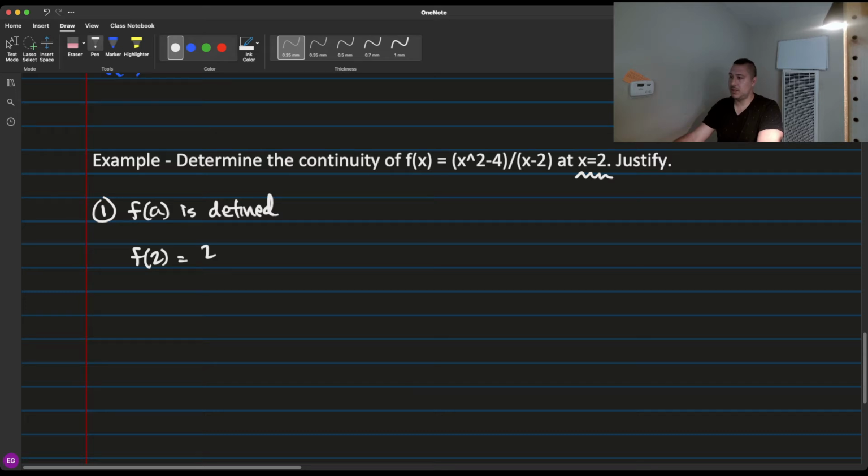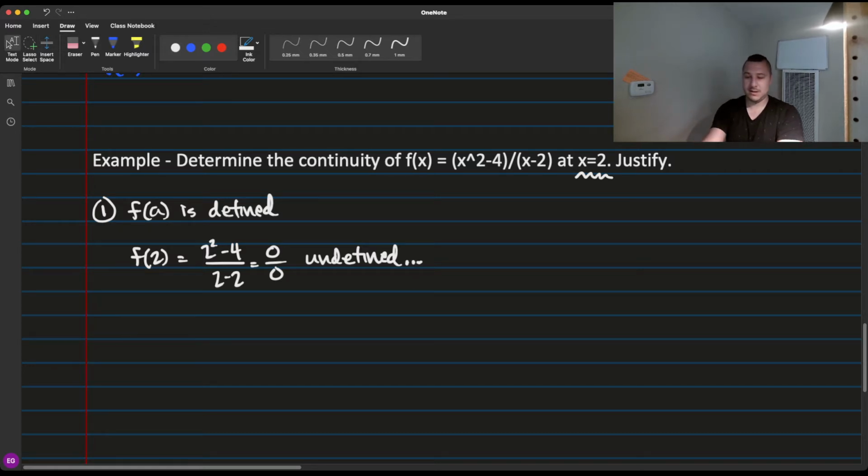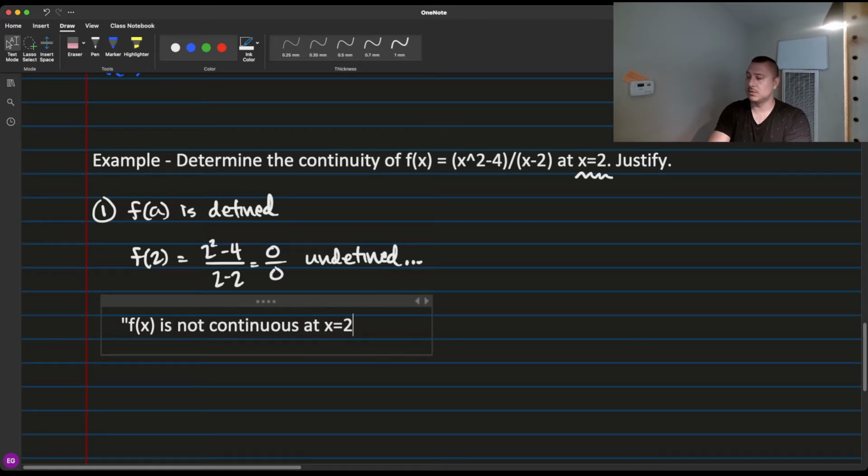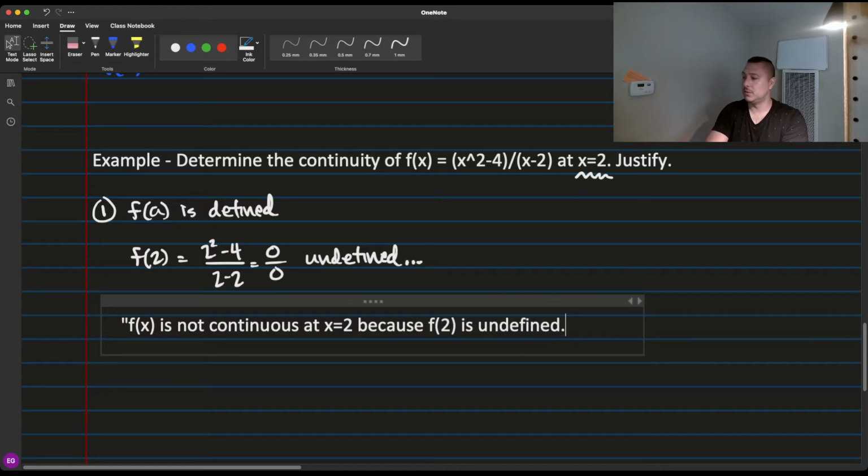So you're going to get 2 squared minus 4 over 2 minus 2, which is going to be 0 over 0, which is undefined. So right away, we now know that f of x is not continuous at x equals 2 because f of 2 is undefined. Boom. That one's pretty quick.